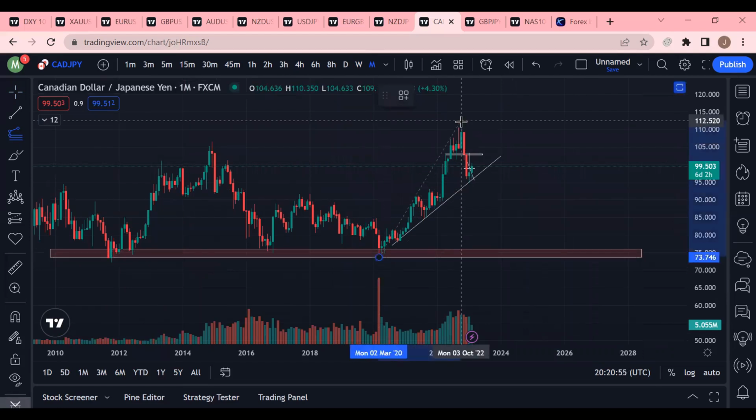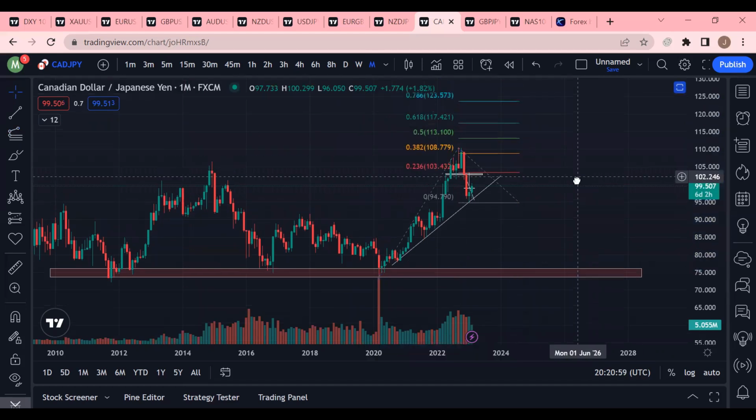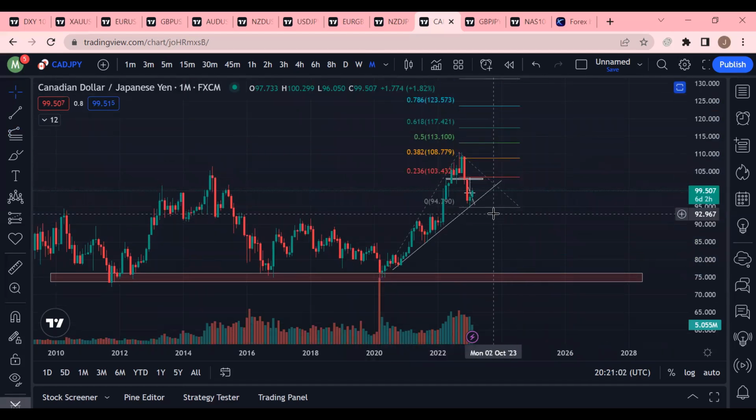Just imagine from here on the monthly, you ride this market even for a year from 100 to here. This is about 2000, is it 2000, 2300 pips, no matter how long it takes.